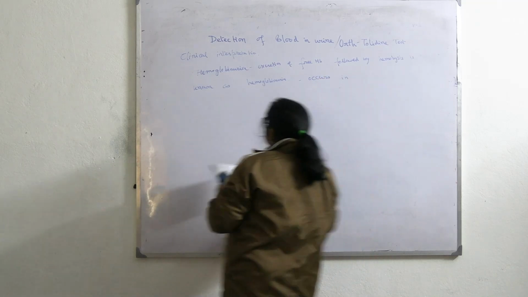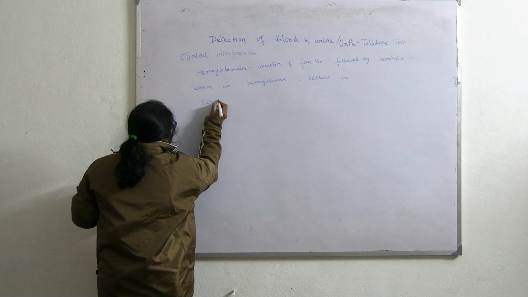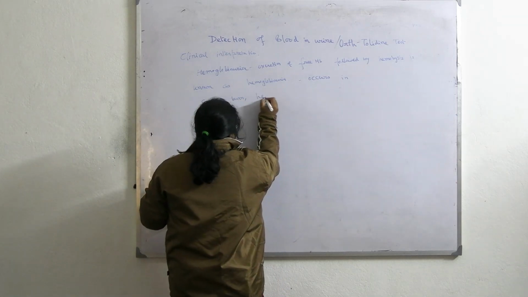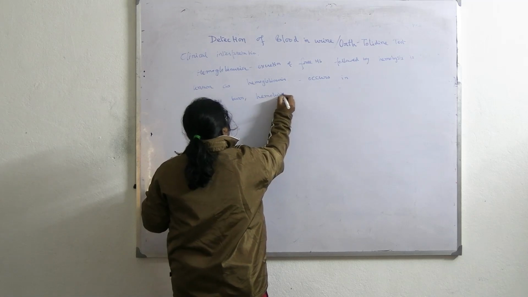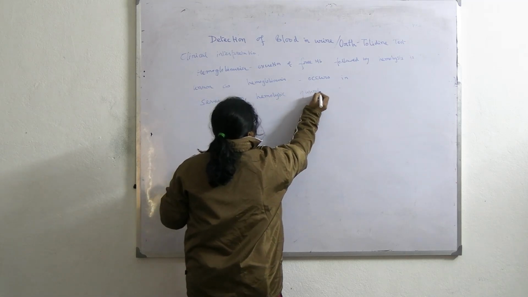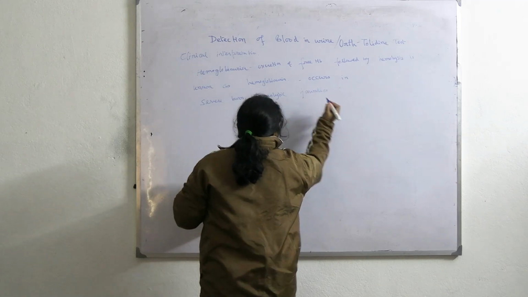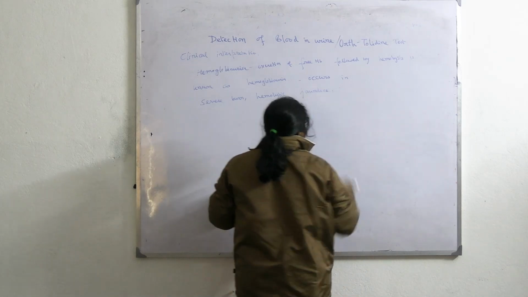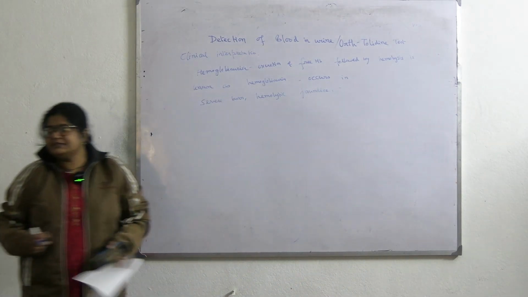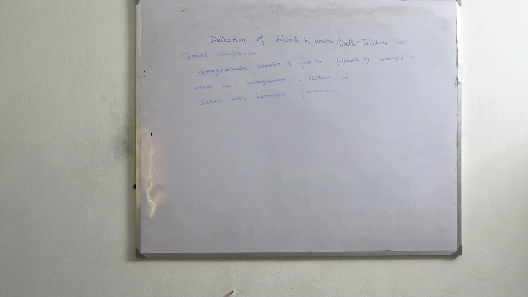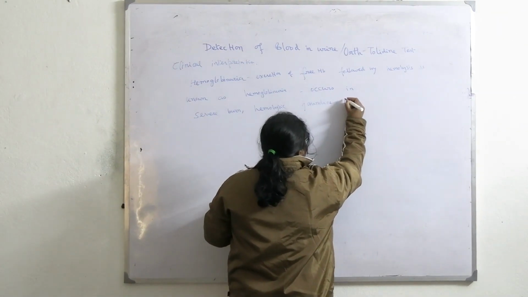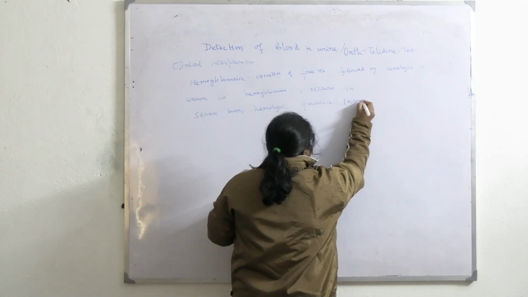in severe burn, hemolytic jaundice, incompatible blood transfusion, means if patient's blood group is A positive and you give transfusion B positive. Incompatible or mismatched blood transfusion.